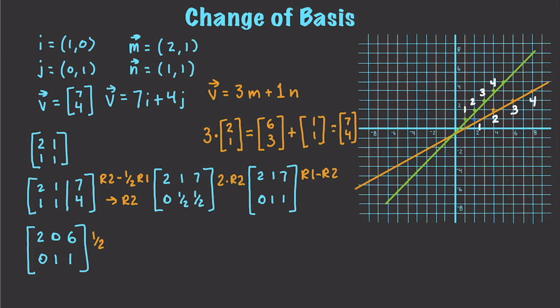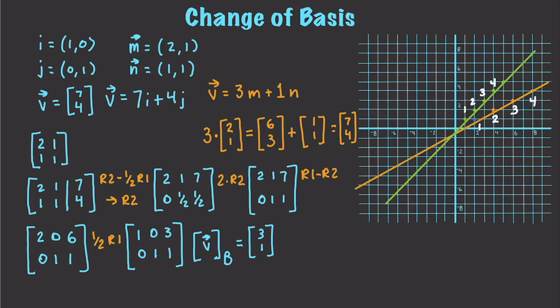Then take 1/2 of R1, which gives us 1, 0, 3, and 0, 1, 1. So now we know that our vector in the new basis, which is how you write this, is going to be equal to 3 and 1.